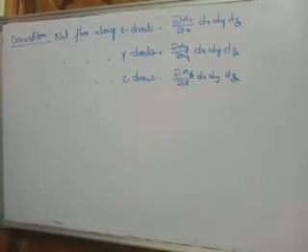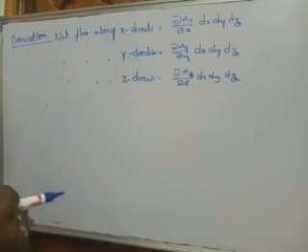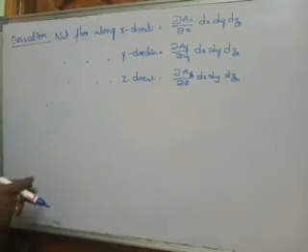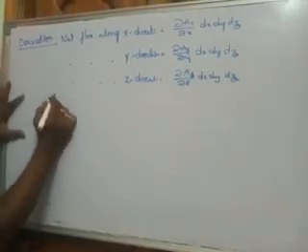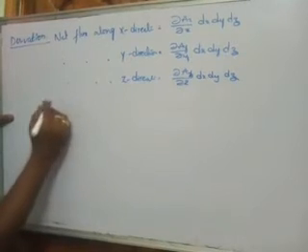And now the total flux over the infinitesimal volume element. Now let us add these three net fluxes: x direction, y direction, z direction.